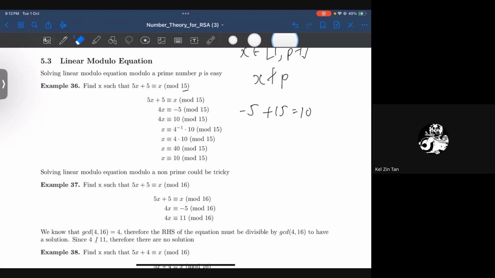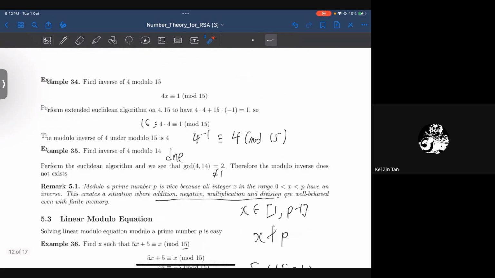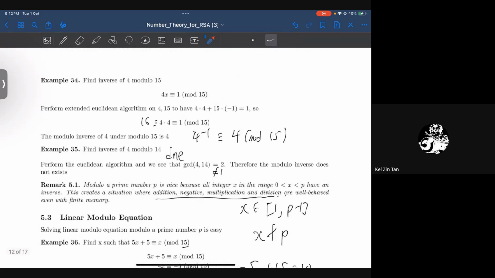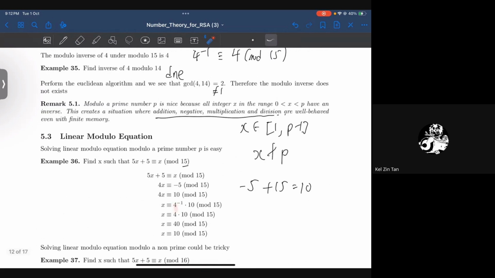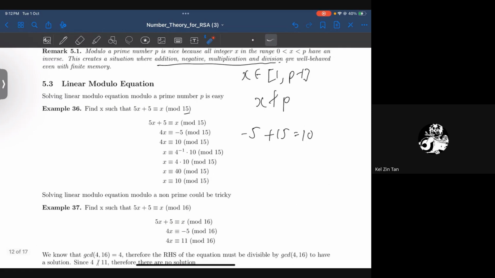Then 4 inverse modulo 15 is 4, as we have shown. So you multiply this together and you get 40. 40 modulo 15 is equal to 10. So x is equal to 10 modulo 15.